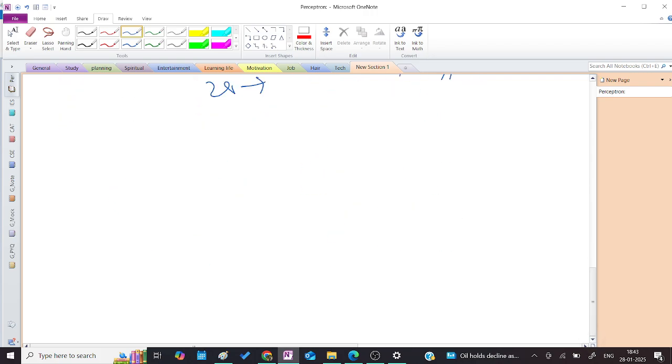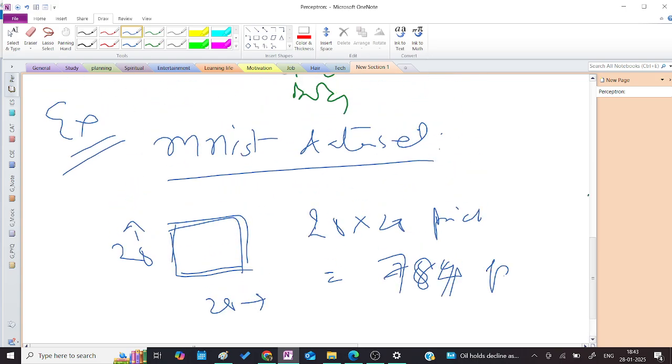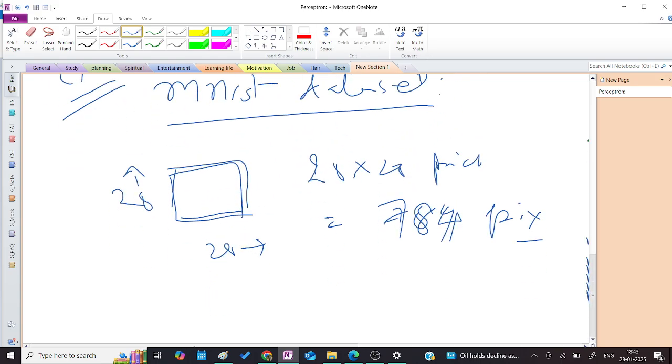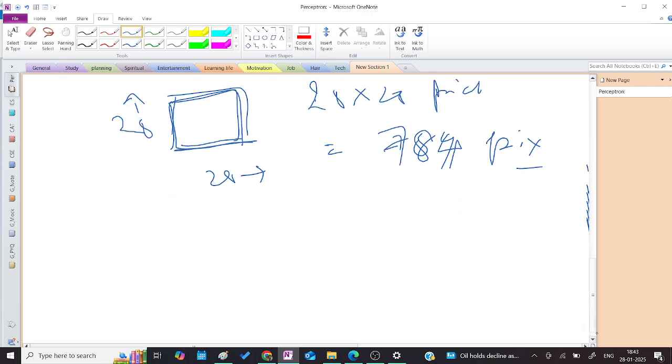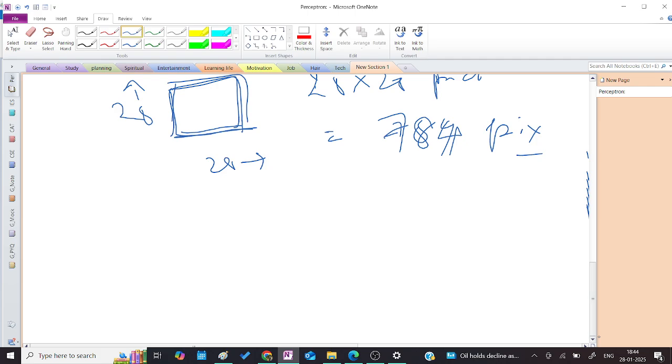So this number of pixels are there in one single MNIST image, and this MNIST dataset consists of digits from 0 to 9.